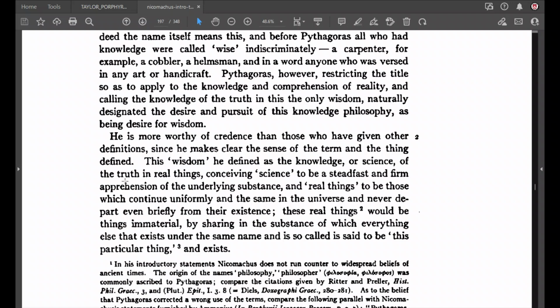So to know a man, to Pythagoras, to know a man means to know his underlying substance, what he really is. That's what true science is, according to Pythagoras. A steadfast, unchanging.